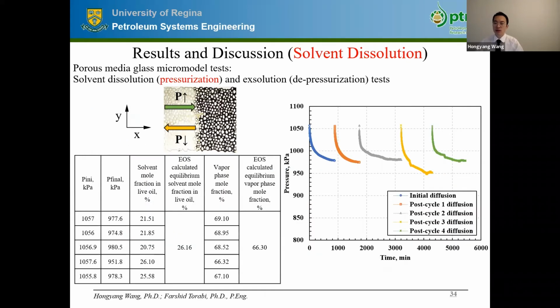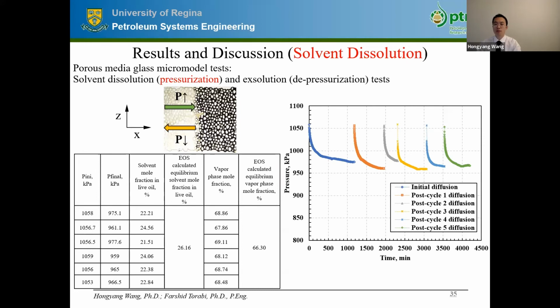Using the micromodel as a micro PVT cell, we have obtained pressure decay curves for several sets. As we can see, at the end of each pressure decay test, the solvent mole fraction in the live oil is approaching the equilibrium value.